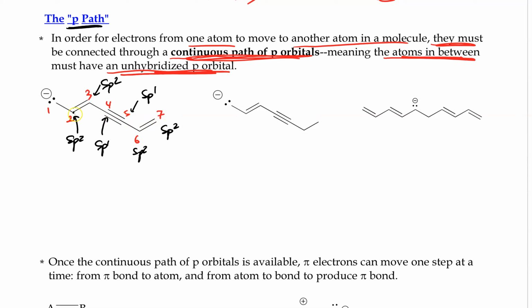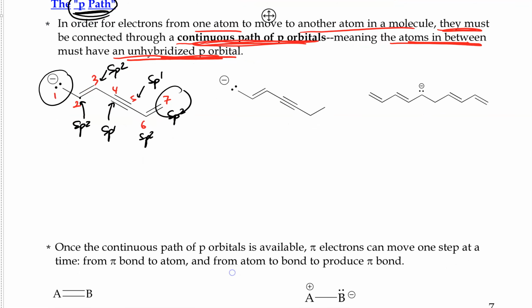And because all of the carbons from carbon 2 to carbon 6 have unhybridized p orbitals, that is the p path that we're looking for in order to push the electron from carbon 1 all the way to carbon 7.